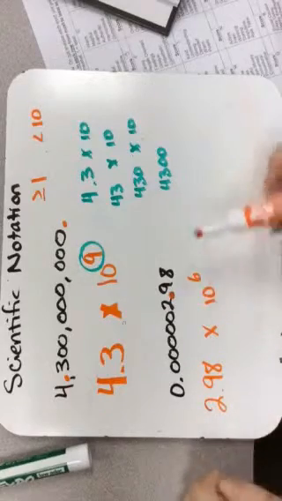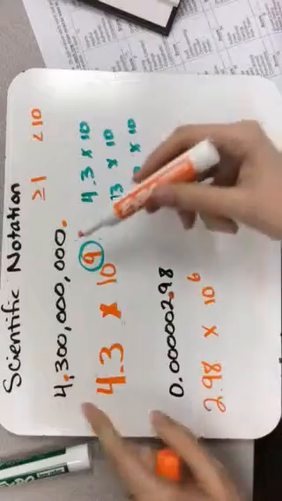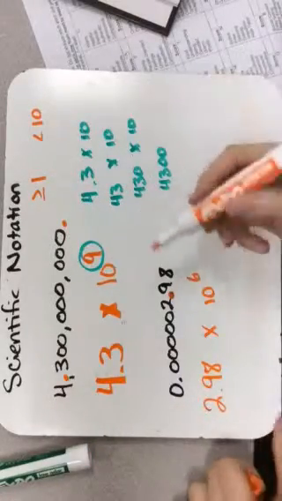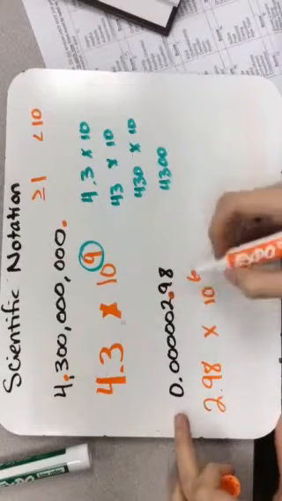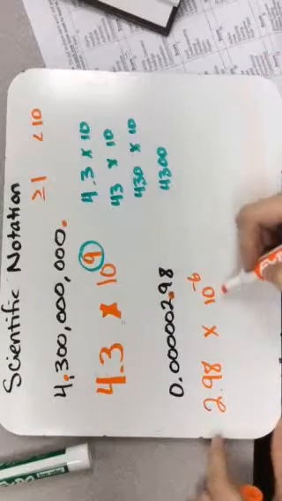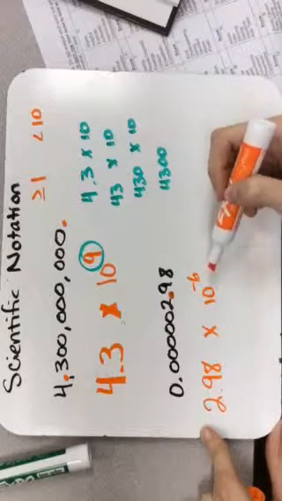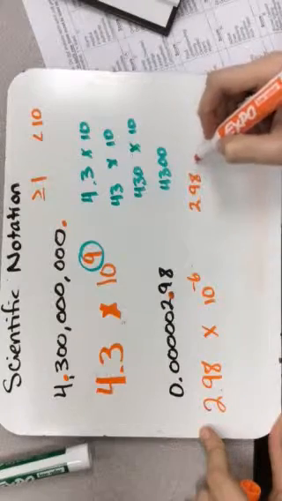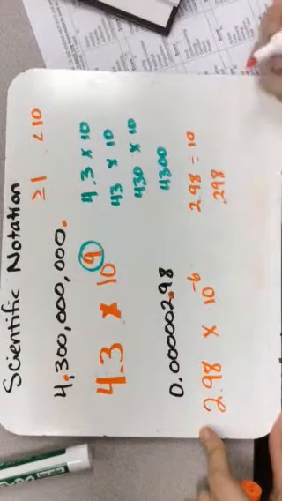However, since this is a very, very small number, and the other is a very, very large number, these exponents cannot be the same. They can't both be positive. When you have a very, very small number, the exponent will actually be negative. And what that means is that instead of multiplying like we were doing here, this really just means you're dividing. So if you take 2.98 divided by 10, you would have 0.298.